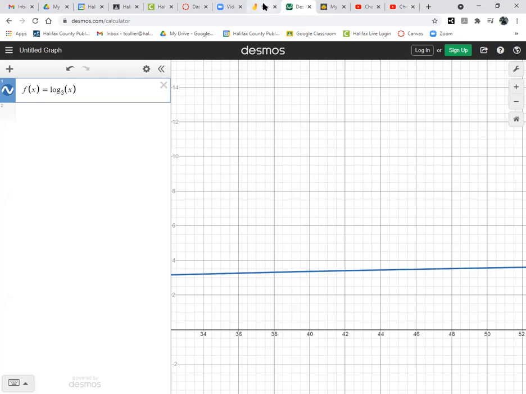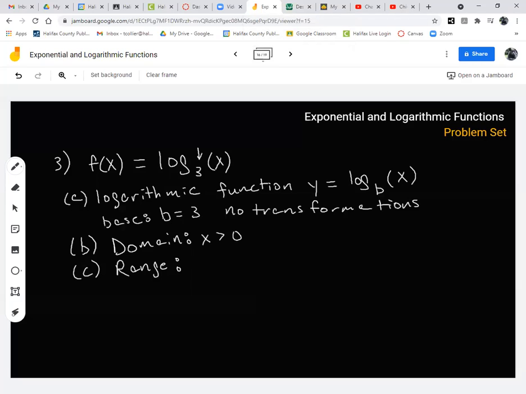So the log function is going to have a range of all real numbers. All real numbers. So you can write that. You can write the boldface R, that stands for all real numbers, or you can write it as the interval -infinity to +infinity. So that's all the y values. We call that the range.